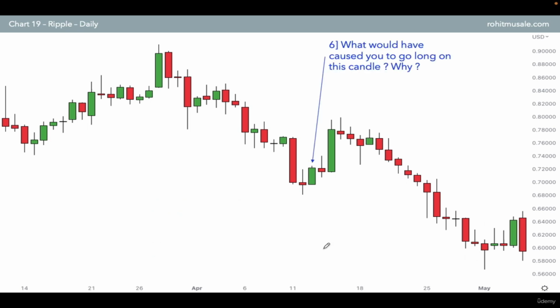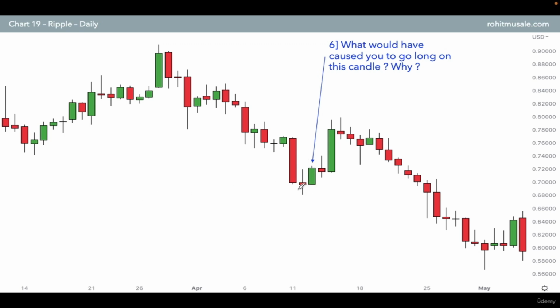Number 6, what would have caused you to go long on this candle and why? Well, first, if this candle would have completed a morning star by a close above the midpoint of this candle, that would have been a plus. Second, if it would have confirmed some prior support area, that would have been a plus as well.